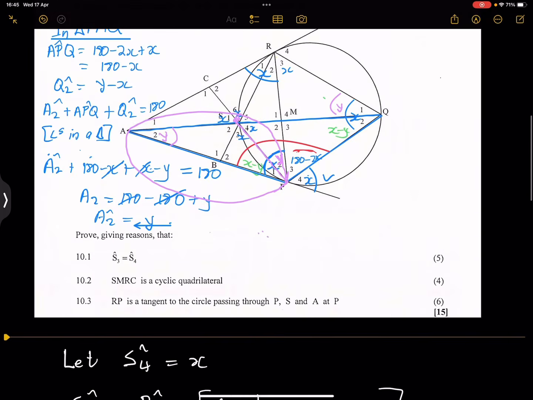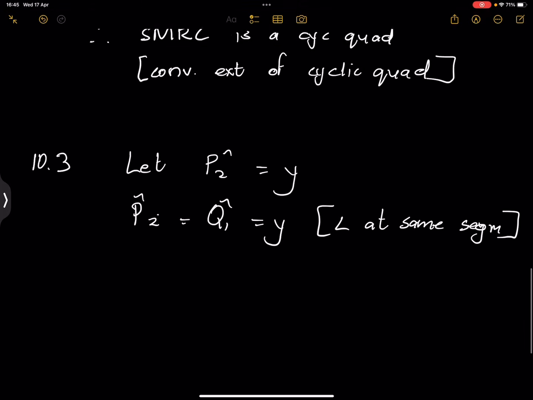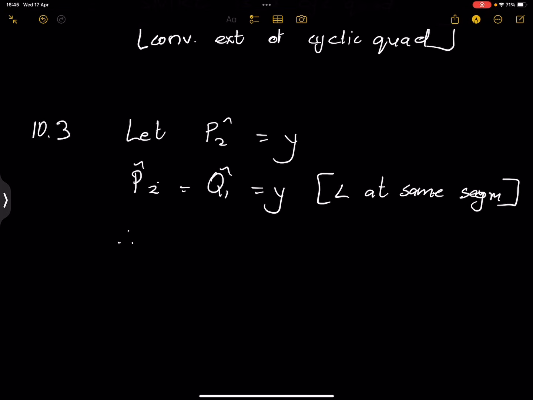Now, then we said it means that Q2, remember, this would be the big angle, Q1 and Q2 was equal to x. In this case, that means that Q2 would be equal to x minus y. But we knew that Q1 plus Q2 is equal to x.